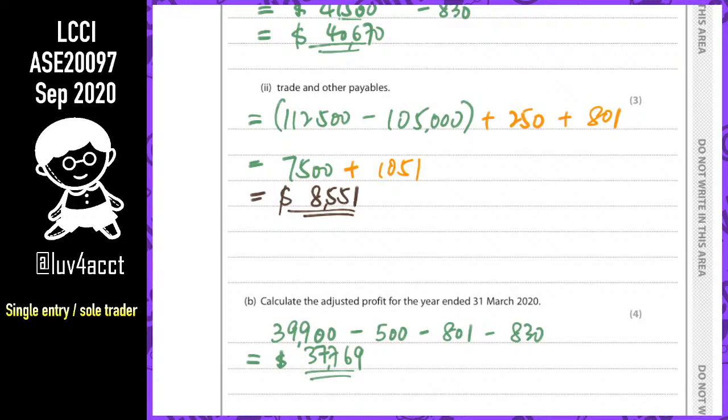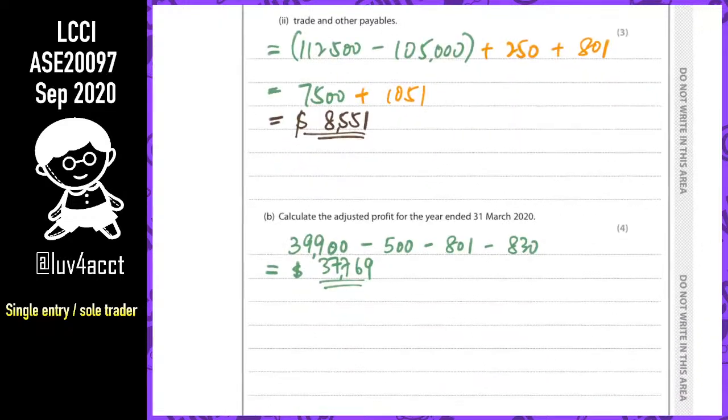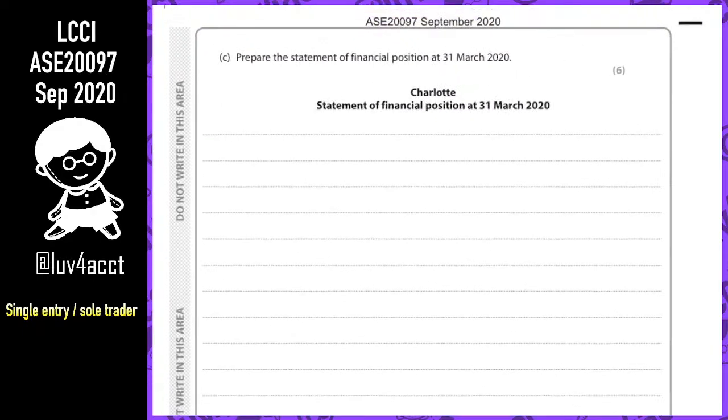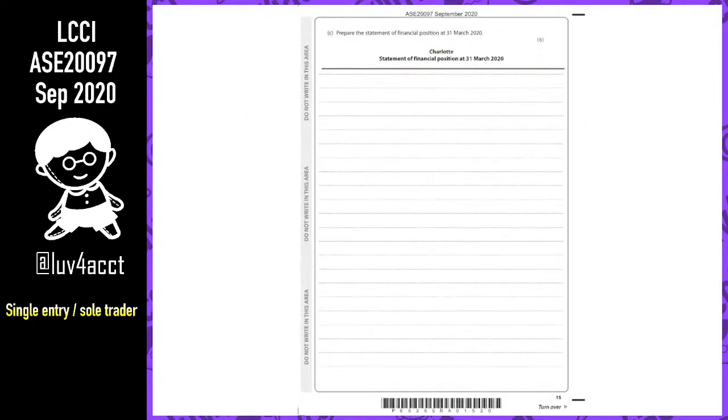Very careless. So after this, we can show the statement of financial position. Let me draw the lines first.